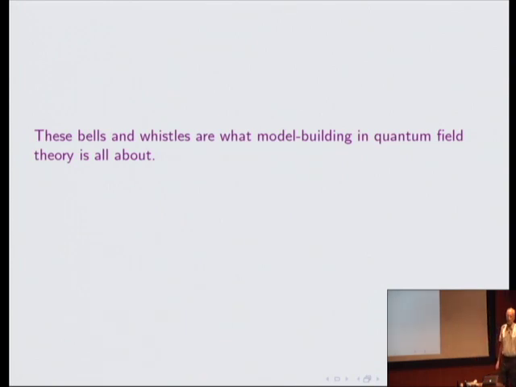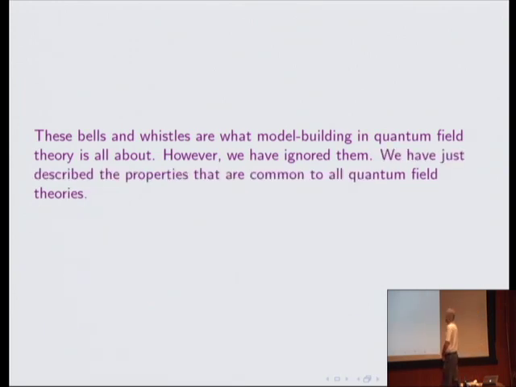From the point of view of perturbation theory, one theory differs from another by all those bells and whistles. But we've just ignored them. What we've done is to describe the properties that are common to all quantum field theories. All quantum field theories can be interpreted in perturbation theory in terms of one-dimensional general relativity.